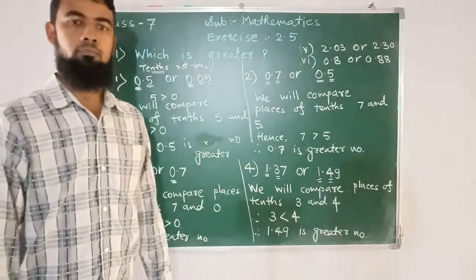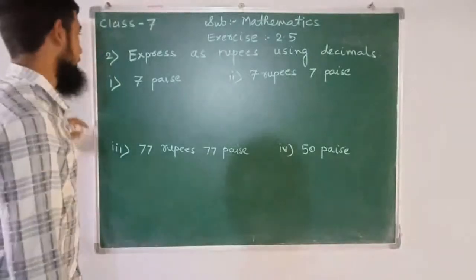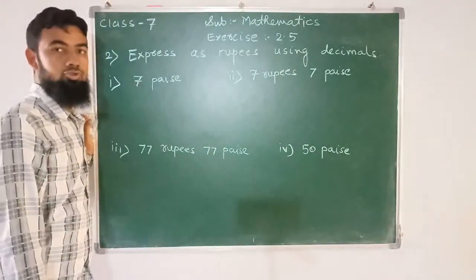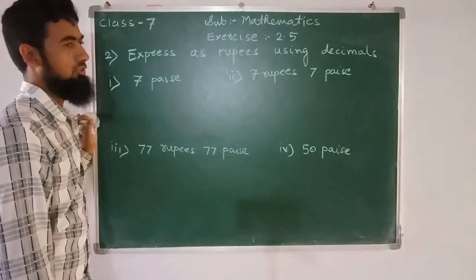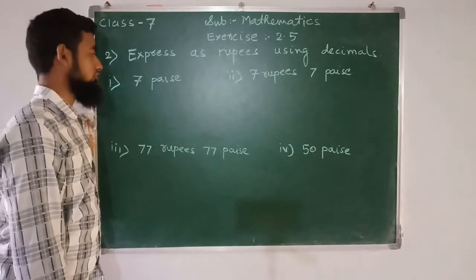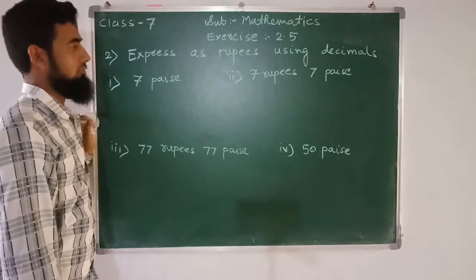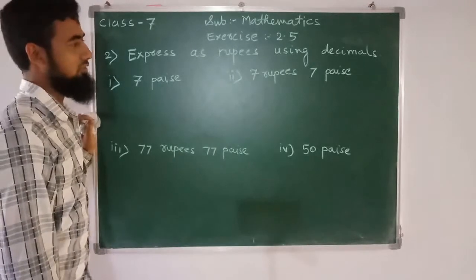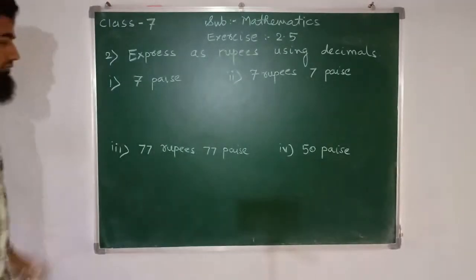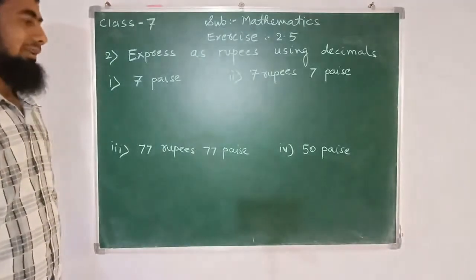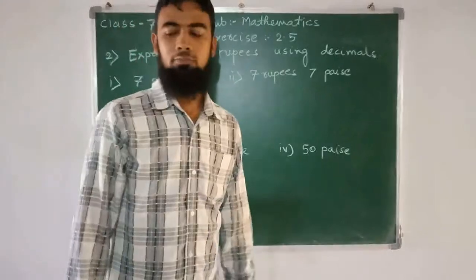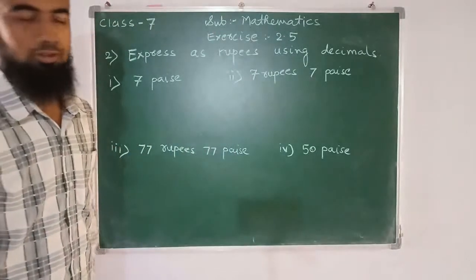Okay, now we will move on to question number 2. Express as rupees using decimals. The first question 7 paisa, second question 7 rupees and 7 paisa, third question 77 rupees and 77 paisa, and last question 50 paisa, and the remaining 1 question you have to do by yourself.